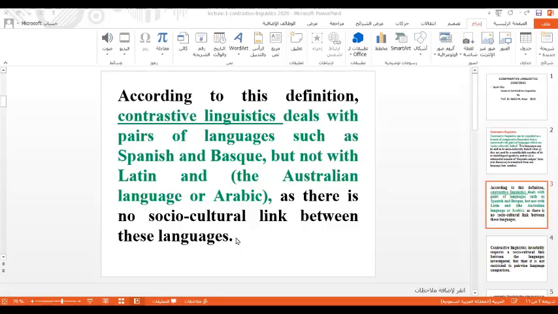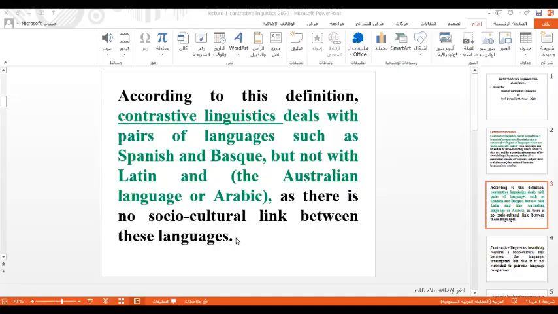We say Arabic and English. Is that comparative linguistics or contrastive linguistics? We can say both of them, because contrastive linguistics is part of comparative linguistics. Once you speak about English and Arabic, this is comparative linguistics.